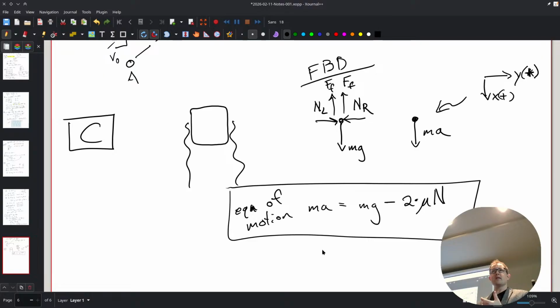Do we know anything about acceleration from this equation of motion, even if we don't know what the normal force is? Because right now we don't know what that is, at least. Or maybe you already know.